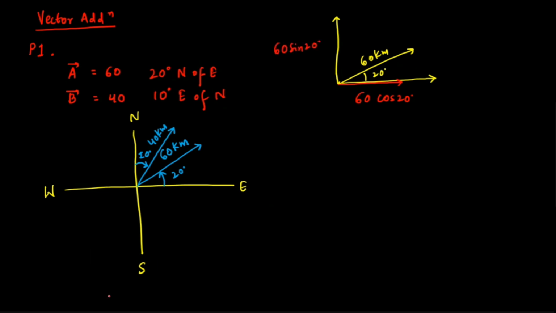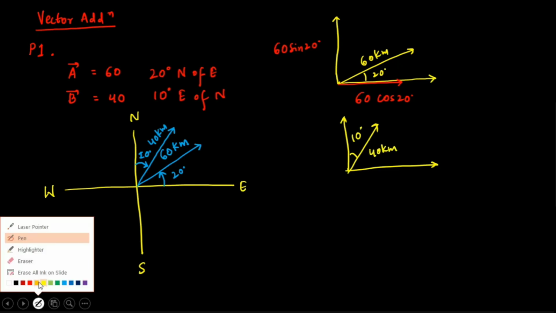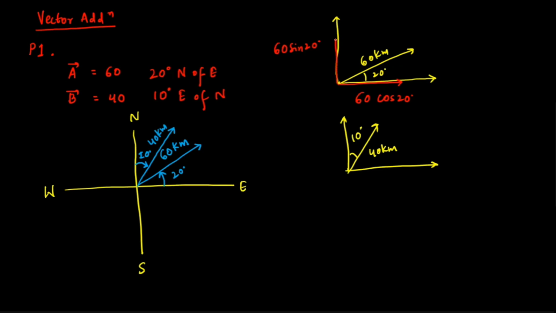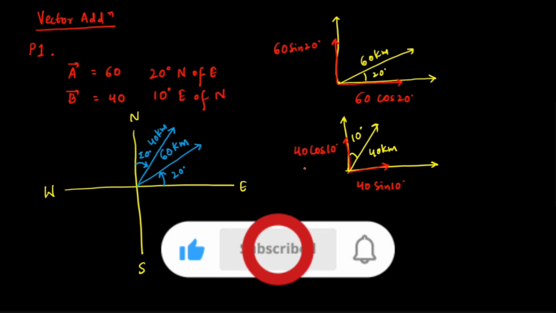Similarly, if I draw another vector of 40, at 10 degrees and 40 kilometers, it will again have two components. Along the x-axis it is going to be 40 sine 10, and along the y-axis, 40 cos 10.